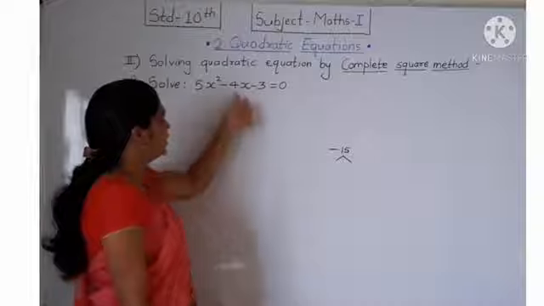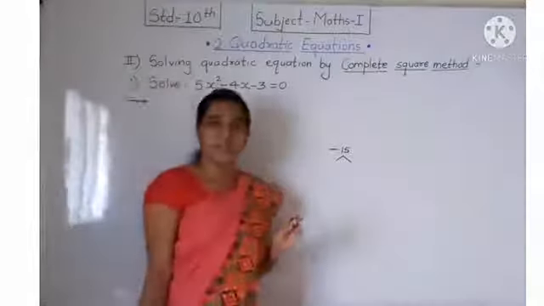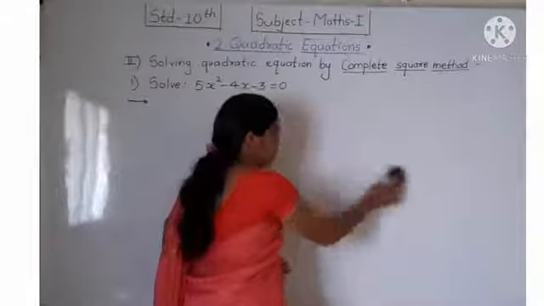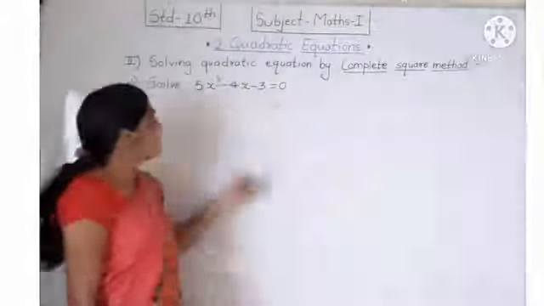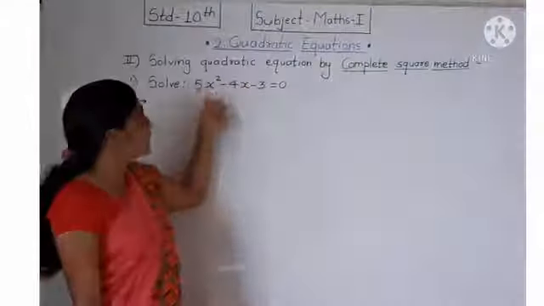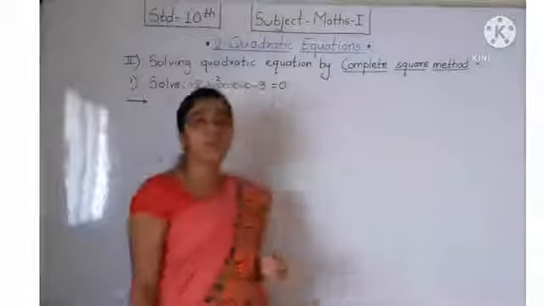Then also in that factorization method, we make the factors. Now we will solve this example by the complete square method.